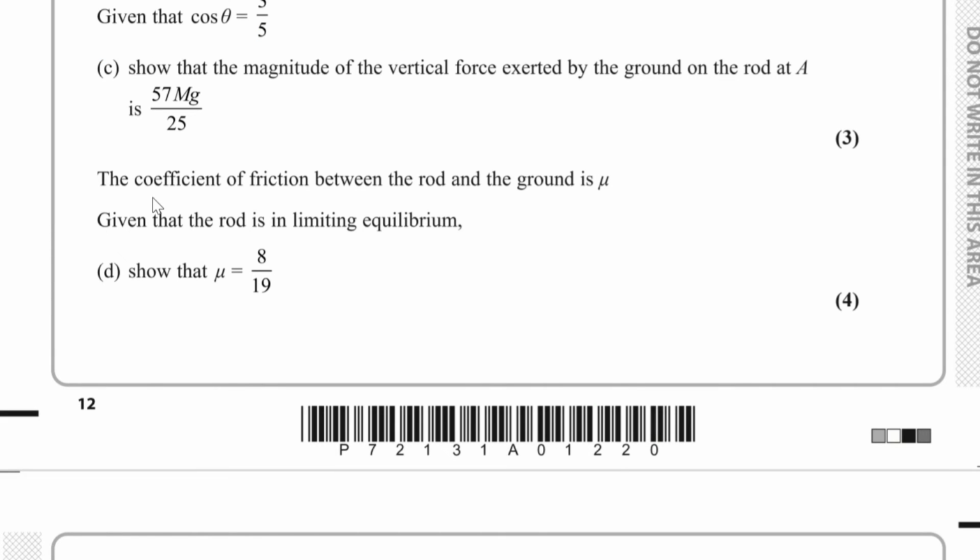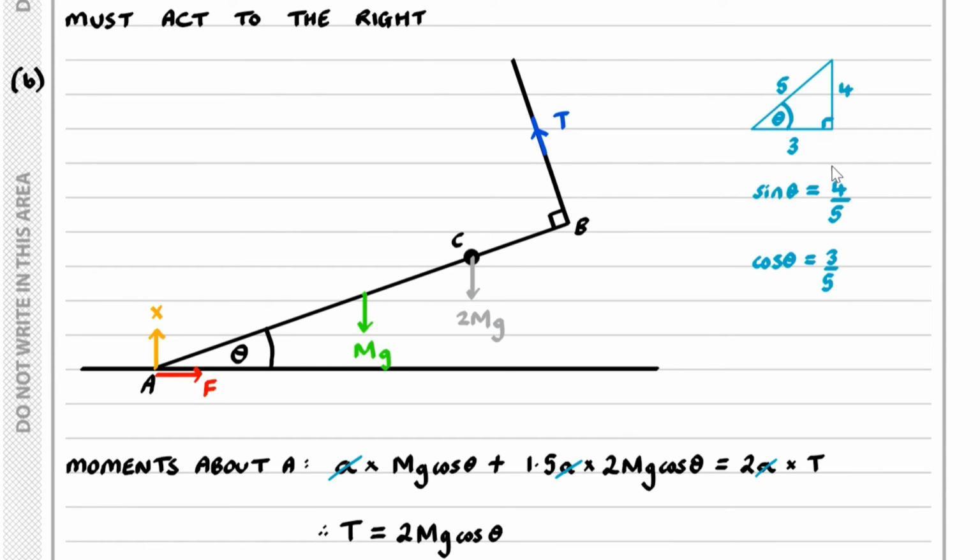For part D of the question, the coefficient of friction between the rod and the ground is mu. Given that the rod is in limiting equilibrium, we have to show that mu is equal to 8/19. Now, if we know that cos theta is 3/5, forming a 3-4-5 right angle triangle, that would imply that sin theta is 4/5.